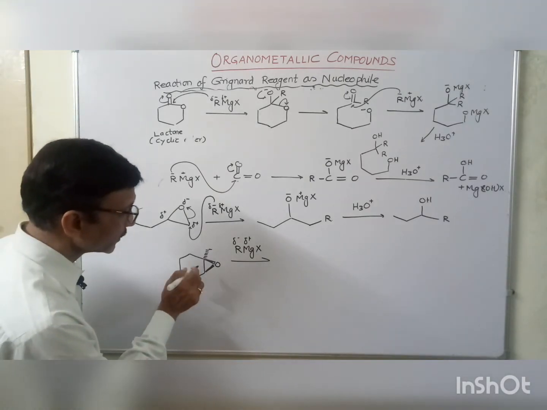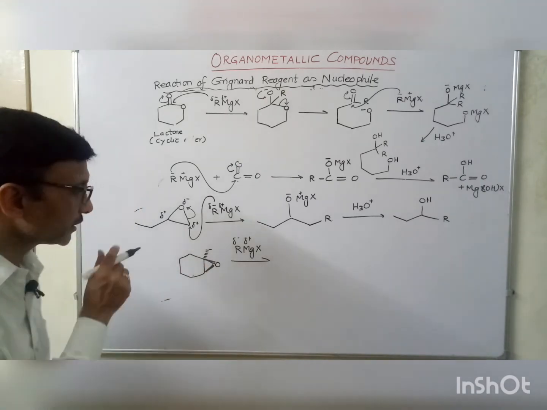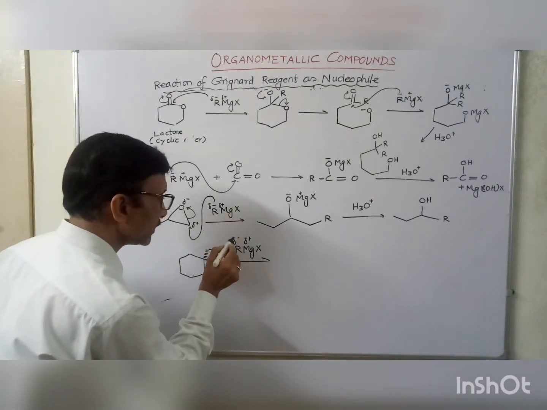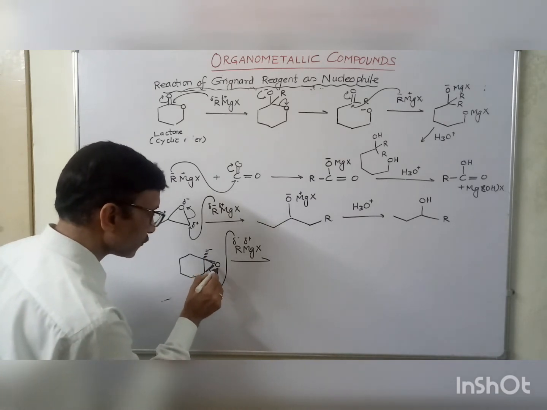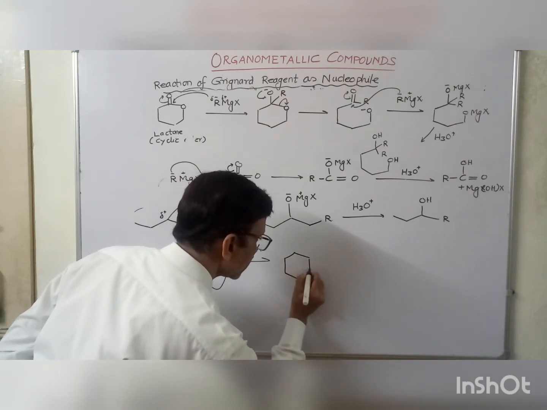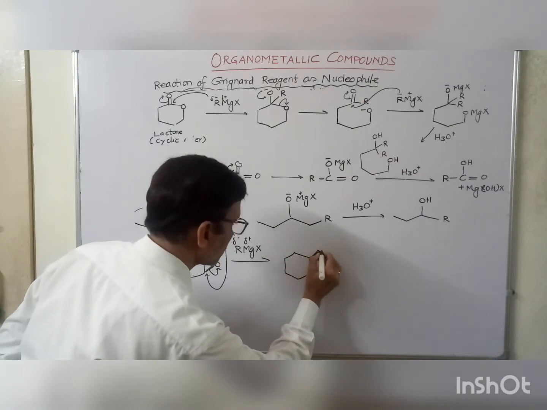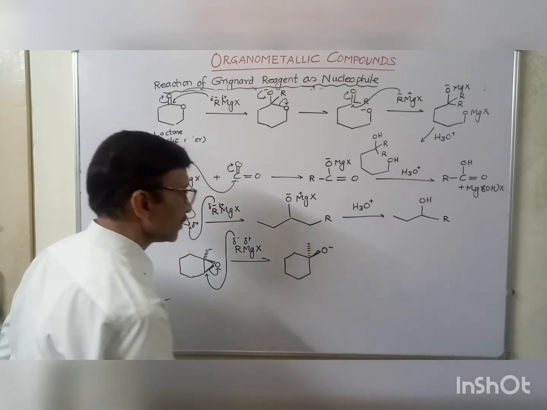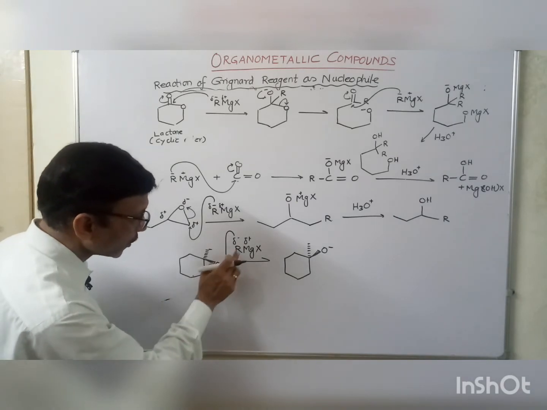If you see, this carbon is one electrophilic center, and this is the other electrophilic center. The nucleophile will attack over this center and the ring will open up, and finally, if you write it, this opens, and this is oxygen having the minus charge. One alkyl group, a methyl group, is present over here.